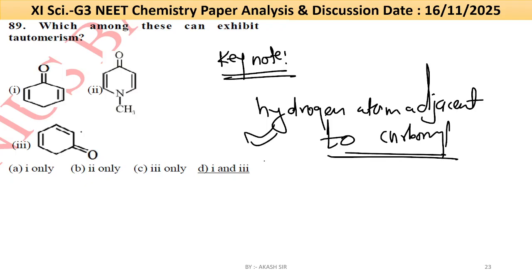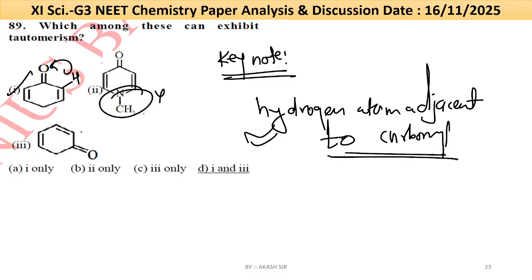Now these conditions show tautomerism. With adjacent hydrogen atoms, option A shows tautomerism. Here it does not have the typical structure for simple tautomerism like a ketone, because the nitrogen is part of an amide-like structure, so it does not show tautomerism.